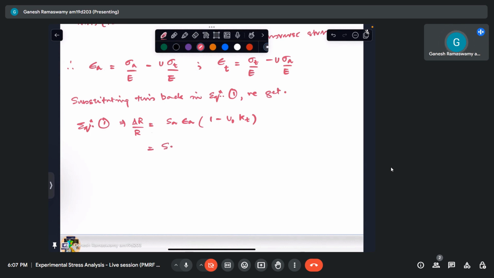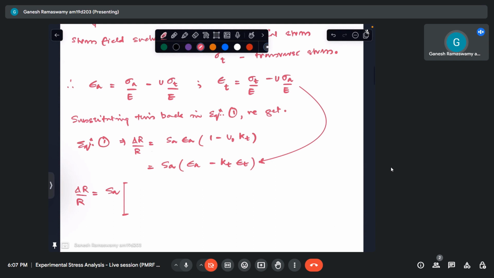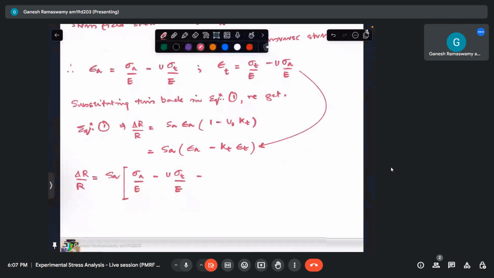Here, if I were to take out only SA, I get epsilon A minus KT into epsilon T, because that cancels out the mu naught. So let us substitute these in this expression. Delta R by R is equal to SA into this expression minus KT into this expression.